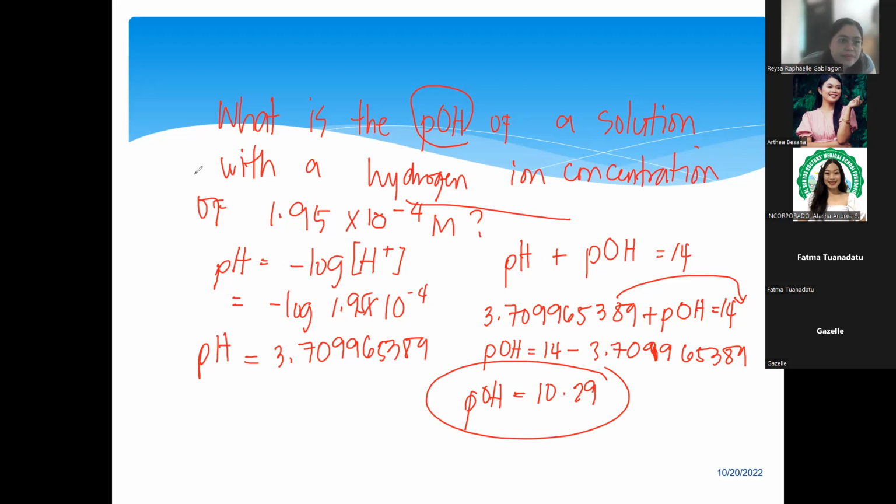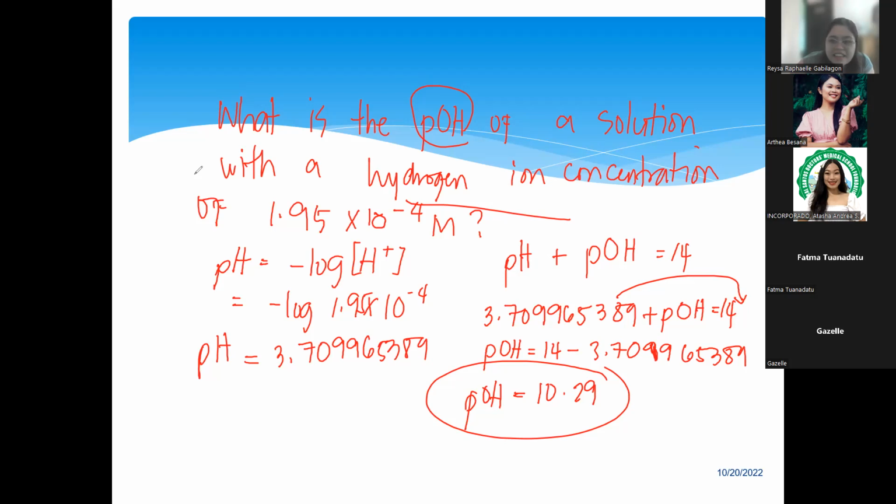Okay? Saan kayo nagkamali sa computation nyo? Tama yung 10.29. Saan galing si 3.71? Or si 0.30? Anong na-13? Na-13 ako ma'am kasi nag-round off. Asa mo dapat nag-round off?